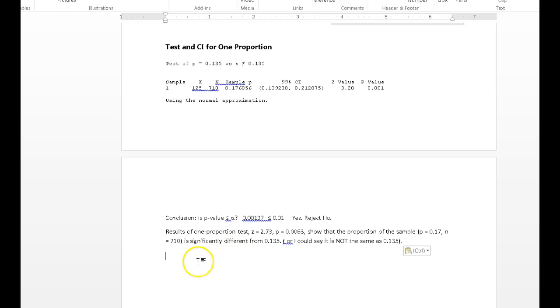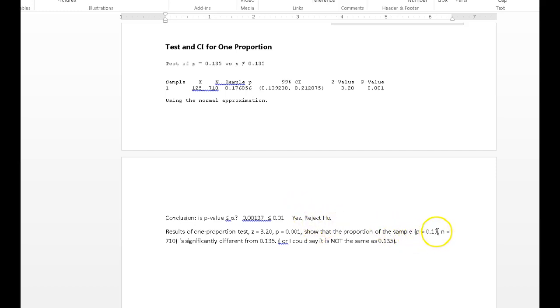Okay, so what can I say? Results of a one proportion test. One proportion, that's what Minitab says up here. I give it the test statistic. Oops, I got that wrong, don't I? The test statistic is 3.20 with a p-value of 0.001.